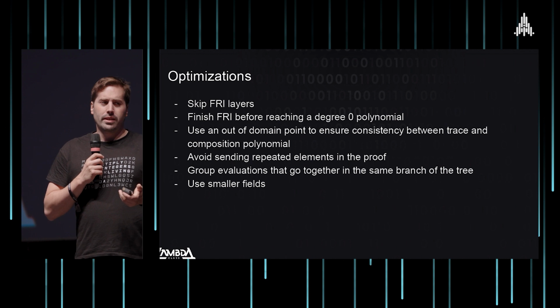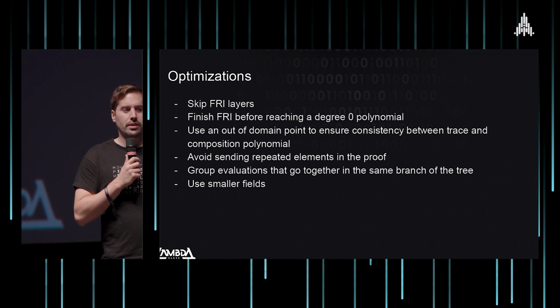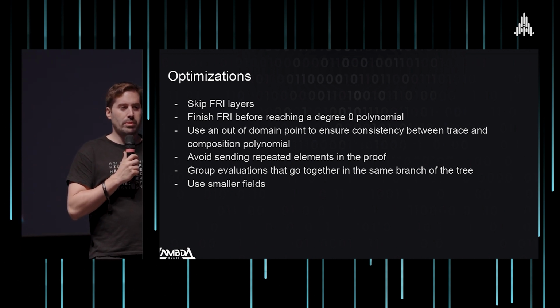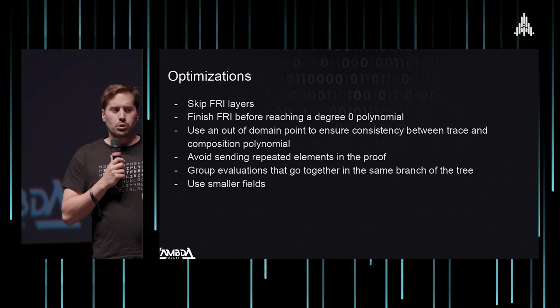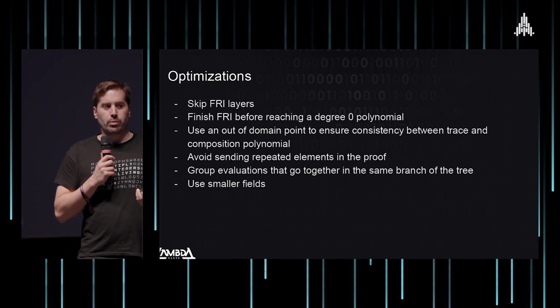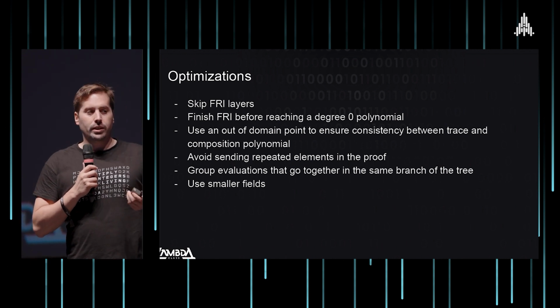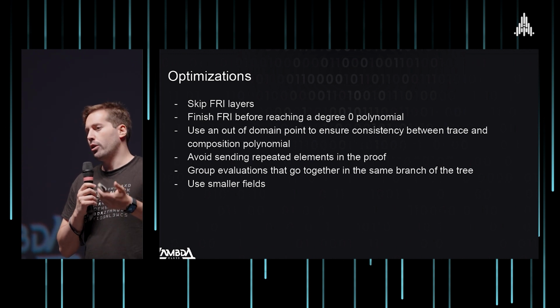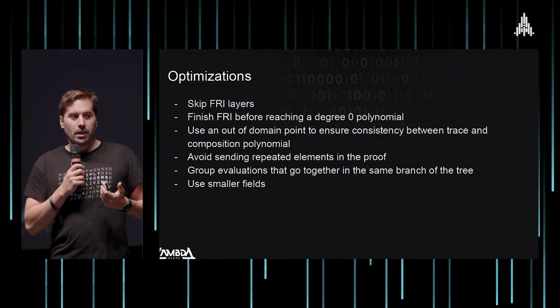Of course, there is one that has to do with the out-of-domain point to ensure consistency between the trace and the composition polynomial. And then there are some optimizations that are used, for example, in the Stone prover and in our prover, which avoid sending repeated elements, for example from the authentication paths, or elements that can be computed directly by the verifier.